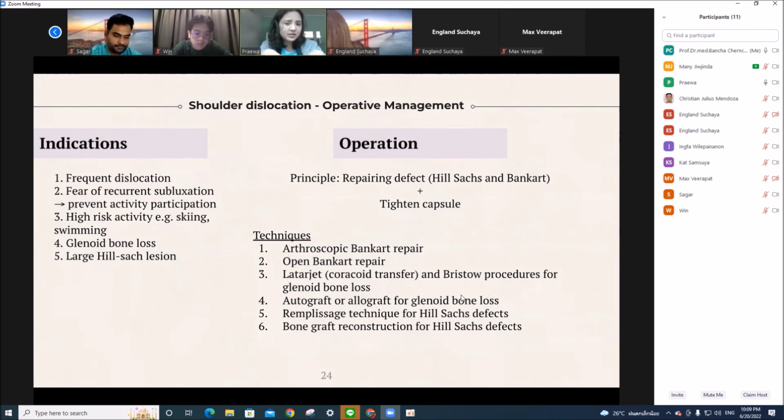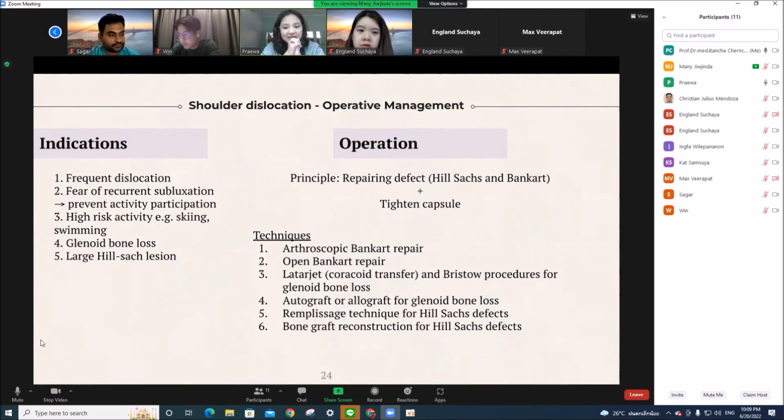The main principle of the operation is to repair the defect, such as the Hill-Sachs and Bankart lesion, and tighten up the capsule to prevent dislocation. There are many techniques we can use according to the patient's lesion.